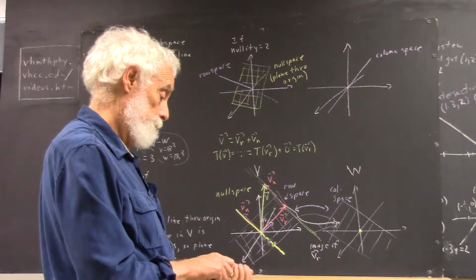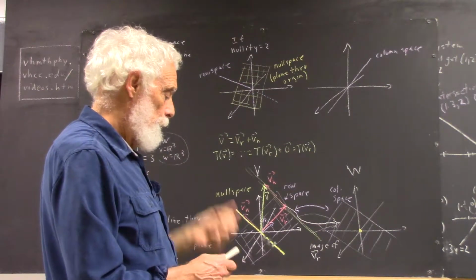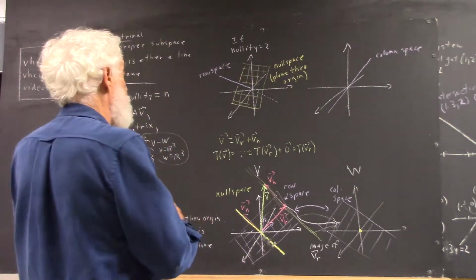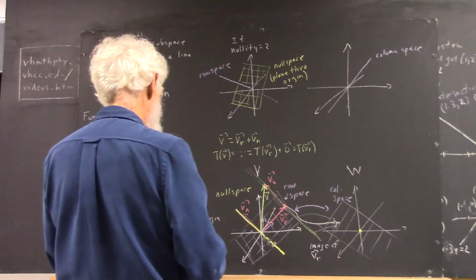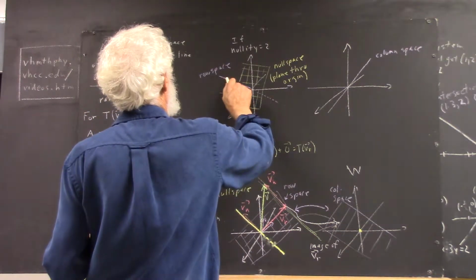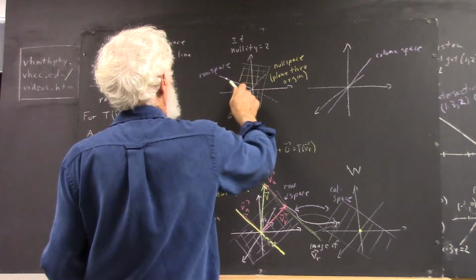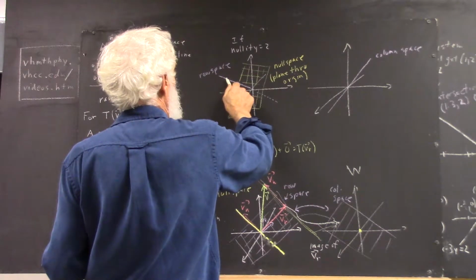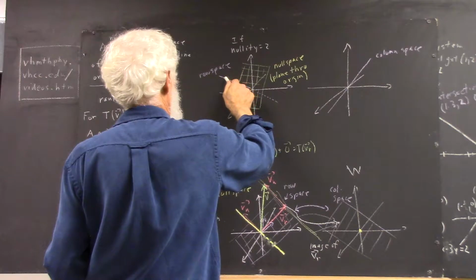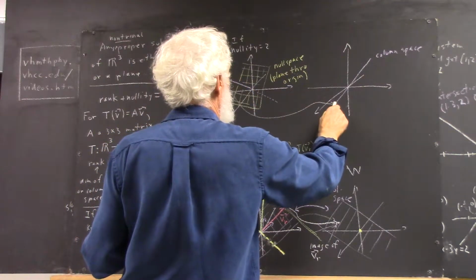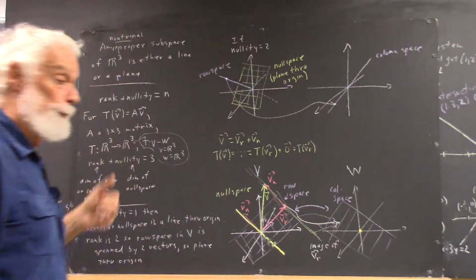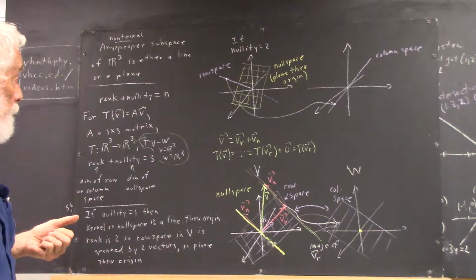And if a point on the row space maps, let's say this point maps to this point on the column space, okay?